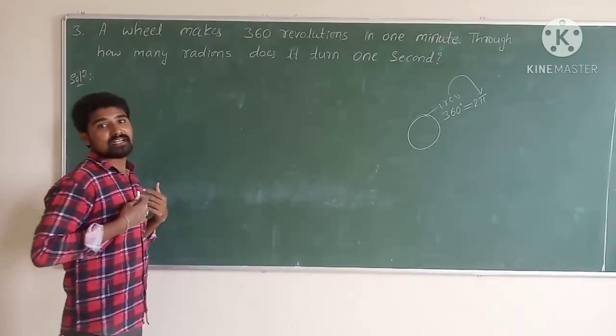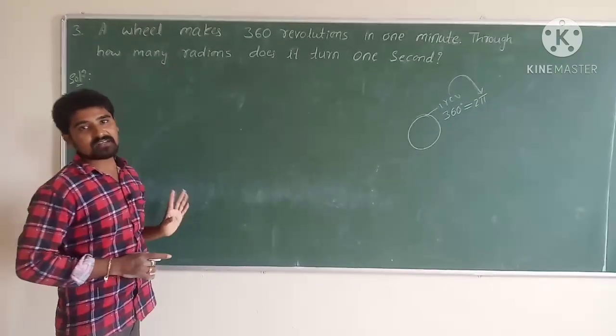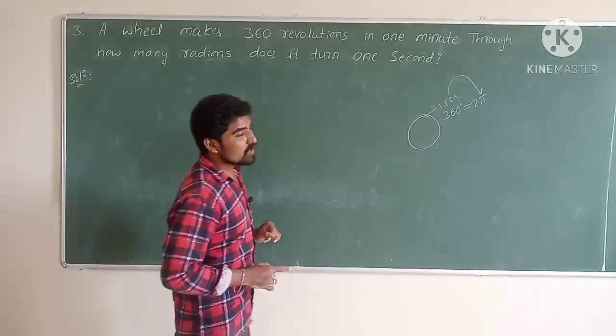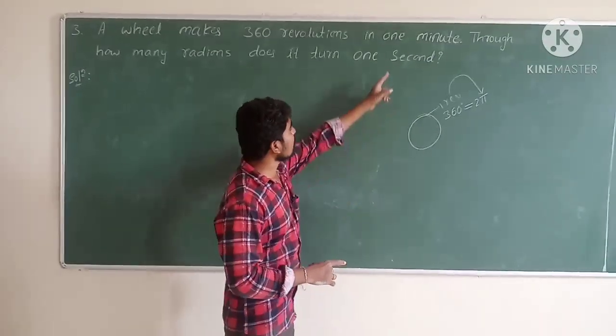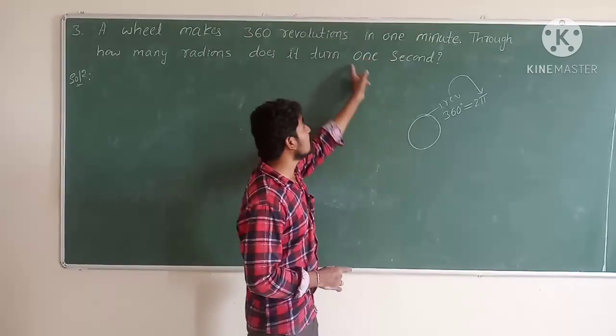What I need is radians, in 1 second. To find the radians, first we need to identify the number of revolutions in 1 second.